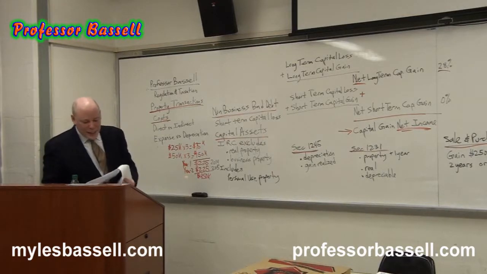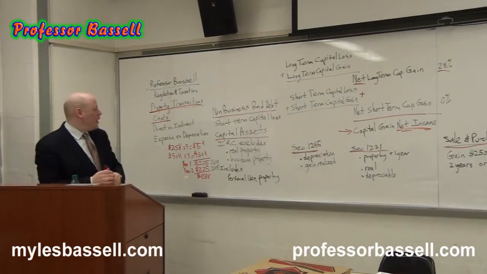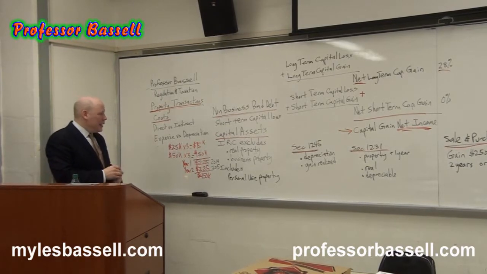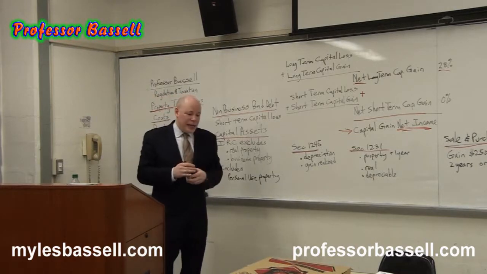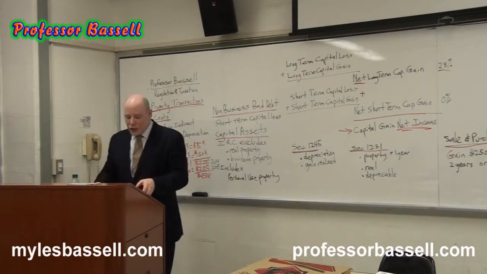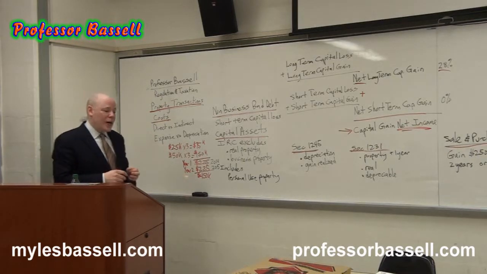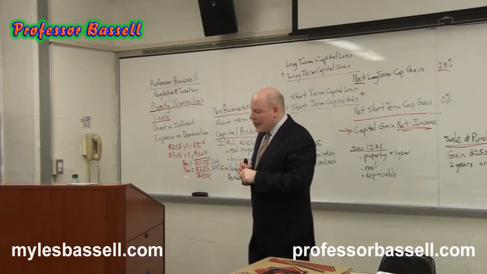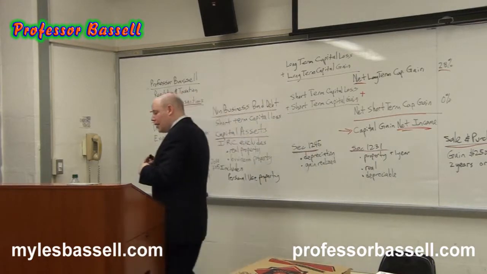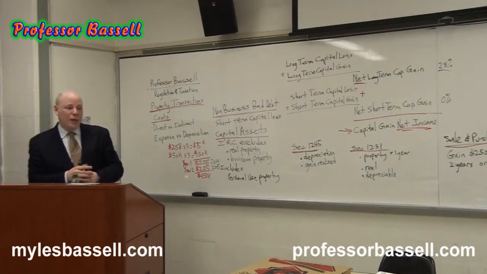All right, so the next thing that we need to look at is capital assets. What is included as a capital asset by the Internal Revenue Code, and what's excluded. So let's say, for example, we decide now that there's another lot that we're going to buy, another piece of property.